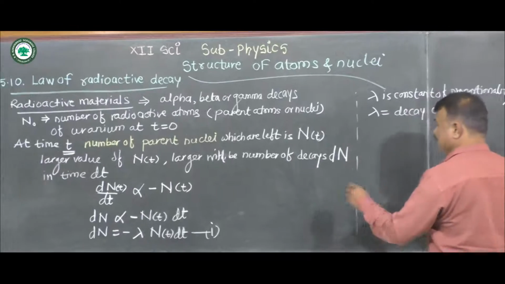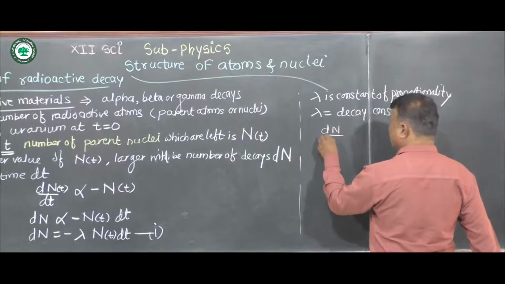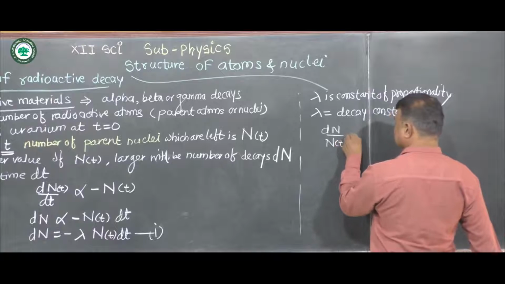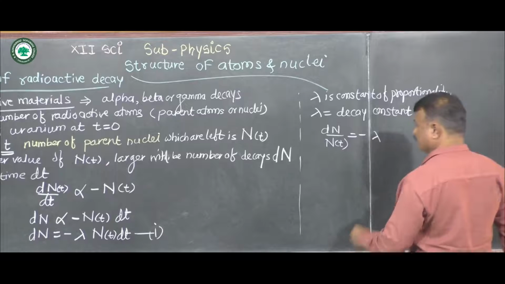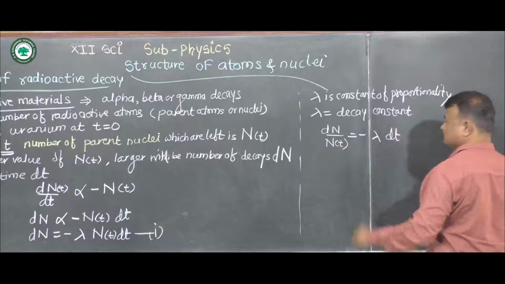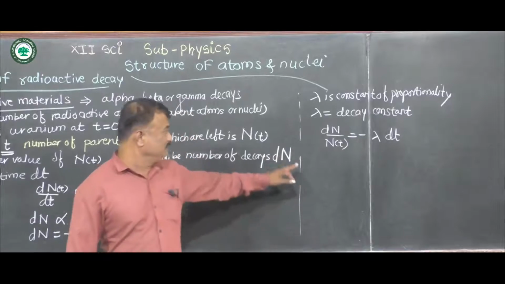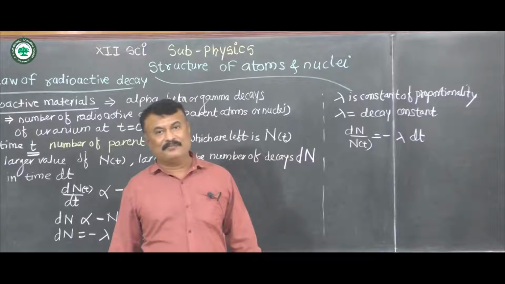Arranging this equation, dN by Nt is equal to minus lambda into dt. So we rearrange equation 1 like this: dN upon Nt is equal to minus lambda dt.